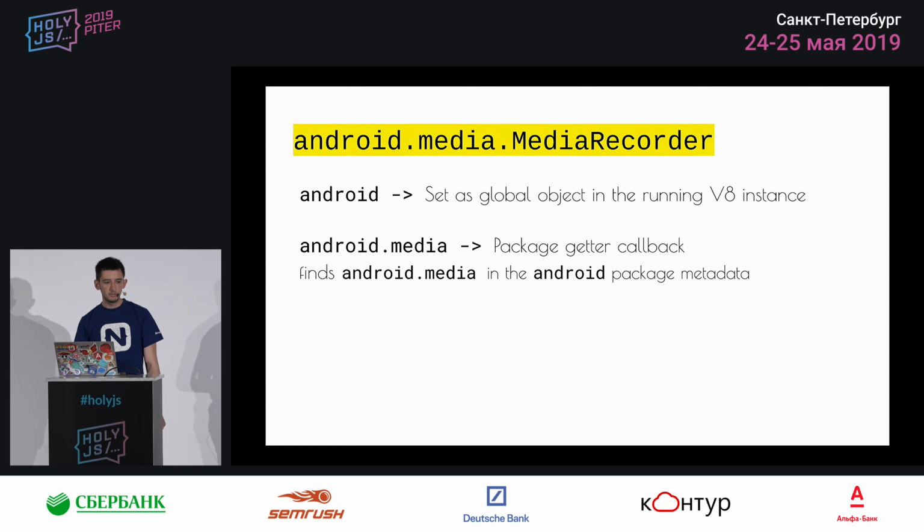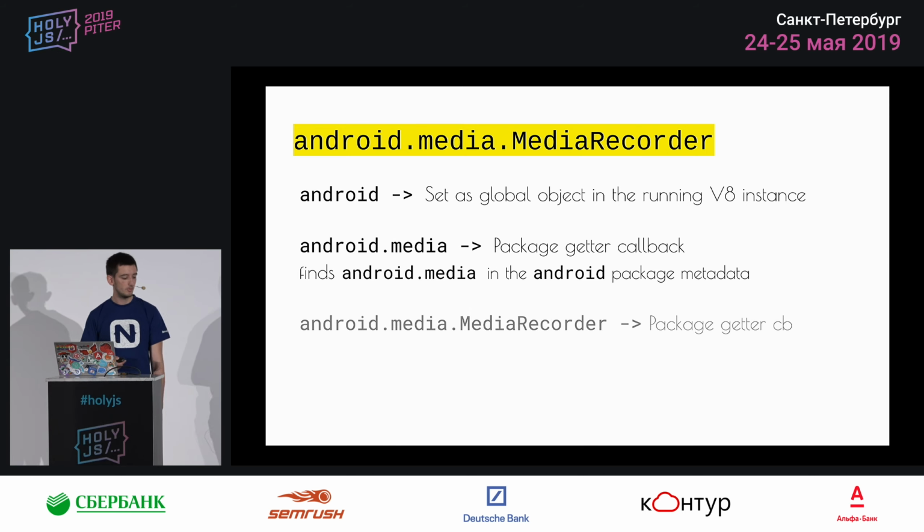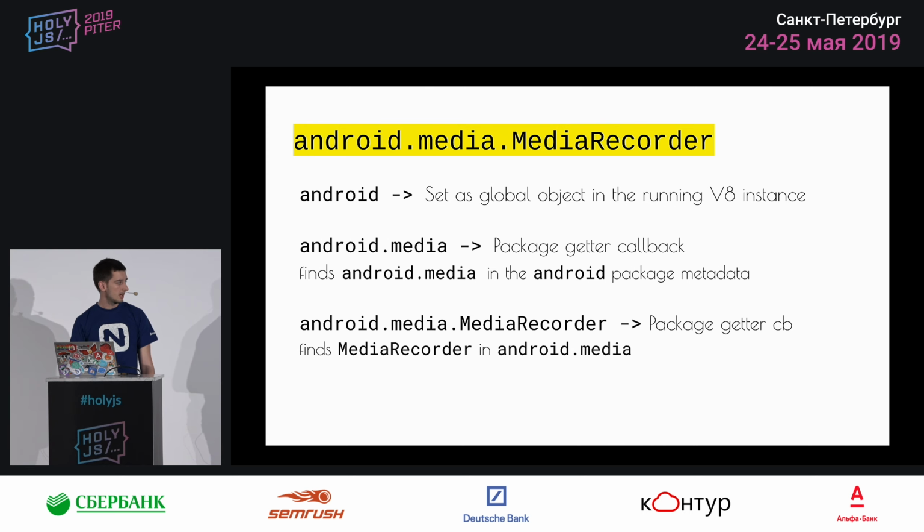We find in the metadata that media is actually a sub-package of Android. And we return, again, a special object which has some properties and some callbacks attached to them. Then, in the example, we access the media recorder property. Again, the package getter callback is triggered, but this time we find that the media recorder is actually a class.